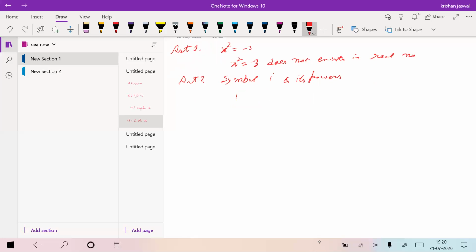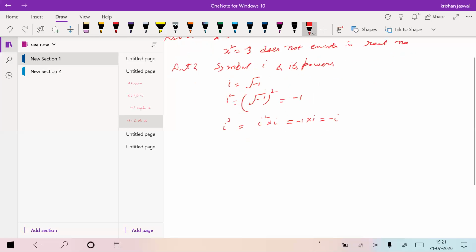Now the value of iota is equal to square root of -1. Iota square is equal to -1. Iota cube is iota square into iota, which is -1 into iota, equal to minus iota.